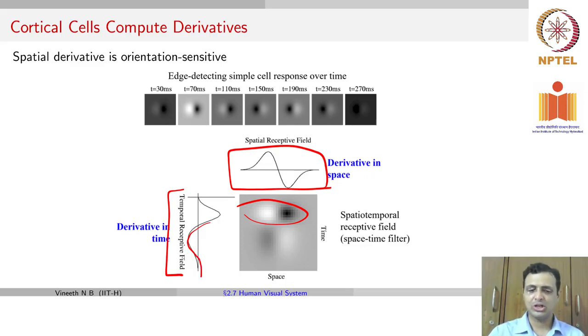To some extent, the spatial derivative and the temporal derivative look similar, but the temporal derivative leads to illusions based on time when we are looking at an image.